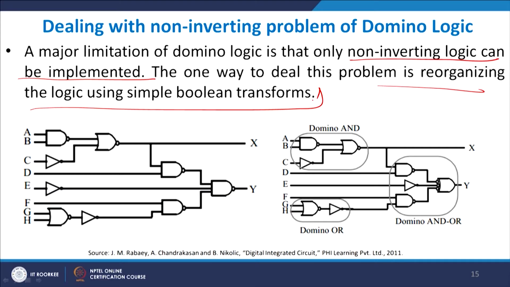For example, I can do a domino NAND and a domino NOR, which you can do, and this is your domino NAND NOR operation by putting a bubbled OR gate. We will not go into details of this one to a large extent, but simply by choosing appropriate boolean functions you can actually remove the problem of non-inverting logic in a domino function. Another way to solve this problem is differential logic.